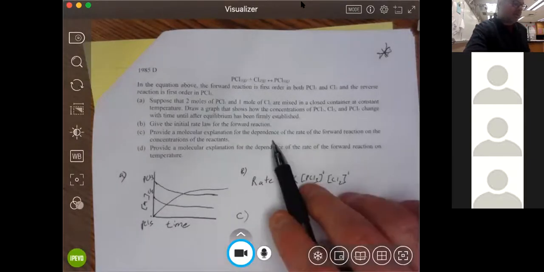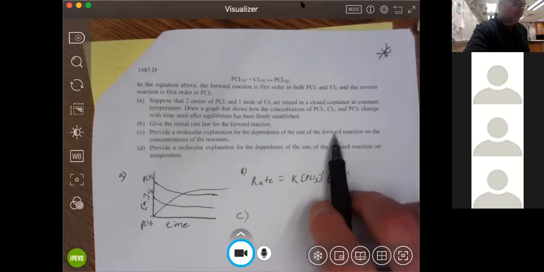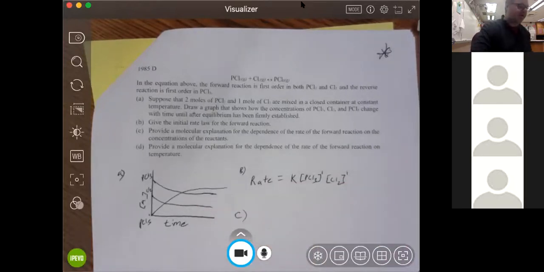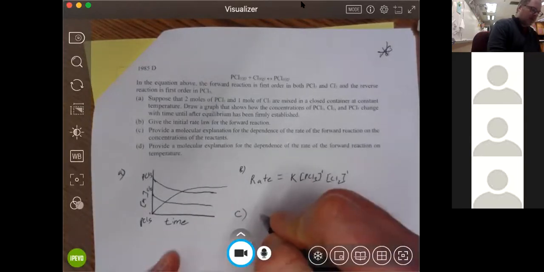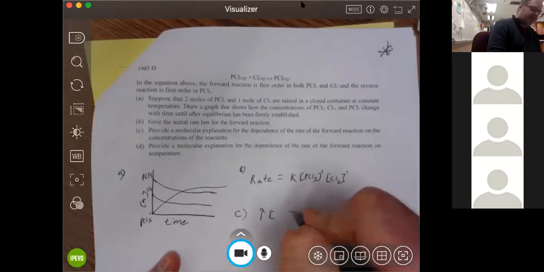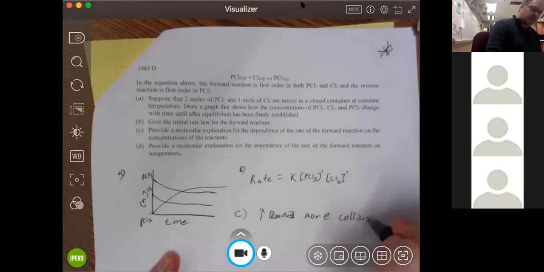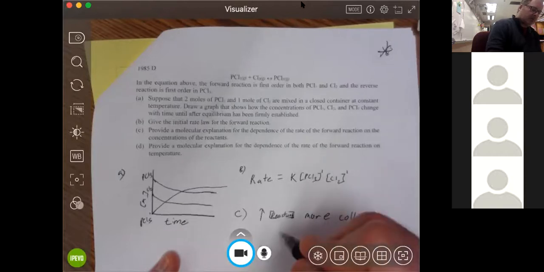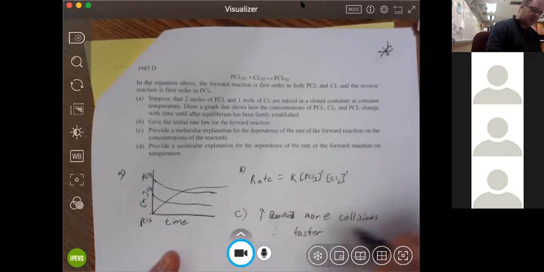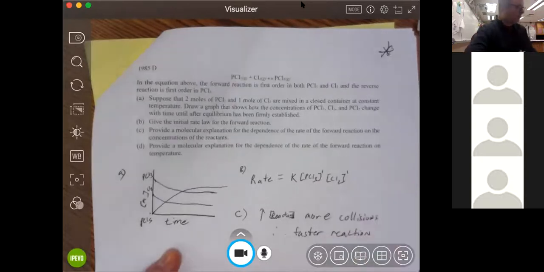The higher the concentration of the reactants, the more collisions, thus a faster reaction, according to the collision theory.